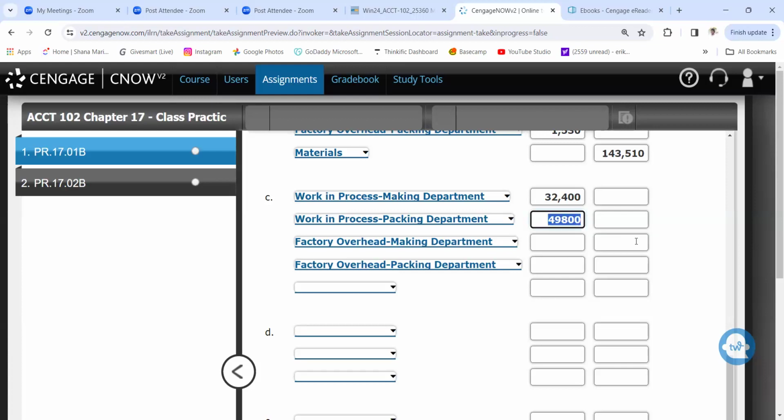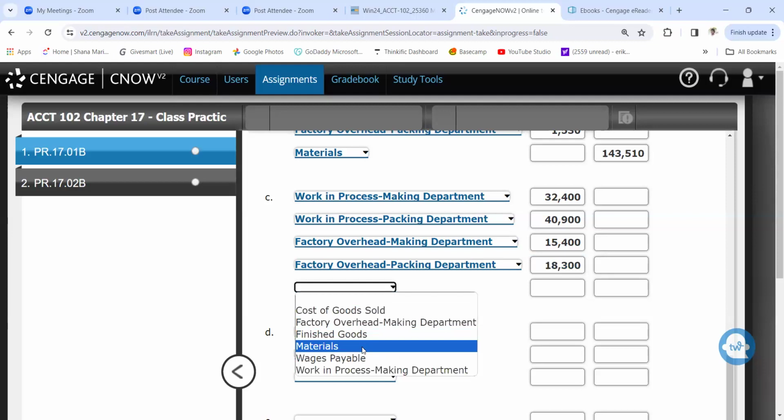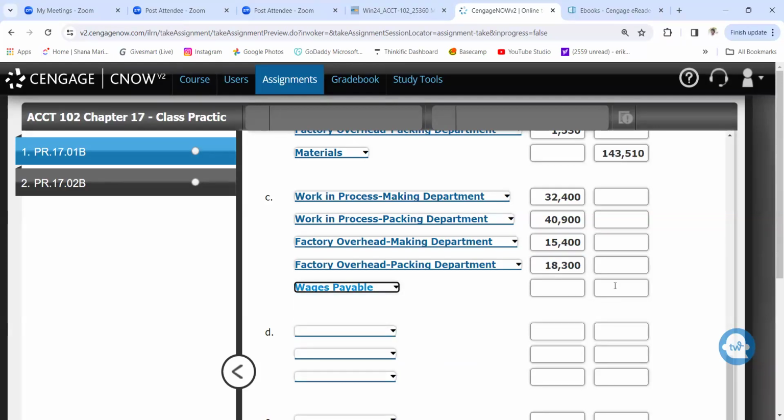I'm sorry, 40,900. Indirect making 15,400. And then packing 18,300. And when somebody works, we owe them money. We owe them wages payable. It's a liability. And the total of those, adding that up, $107,000.